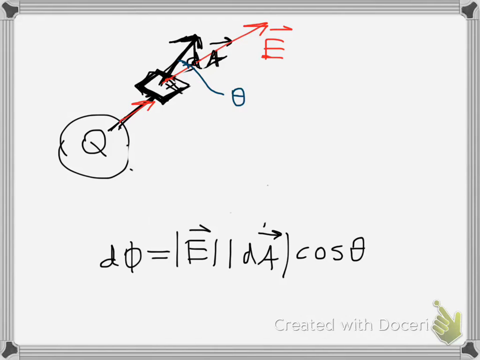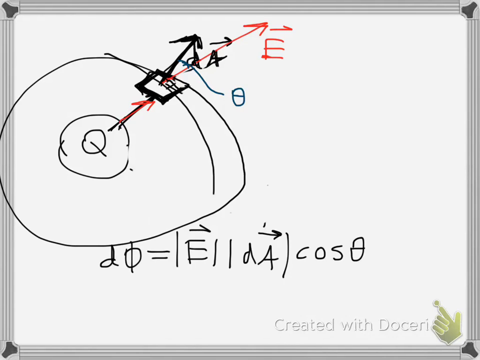So that's through dA. But let's say we want to find the electric flux through this whole sphere. So let's say this is a sphere around our charge, and we want to find out how much of the electric field is passing through that sphere. So we want to find the flux through this entire sphere.